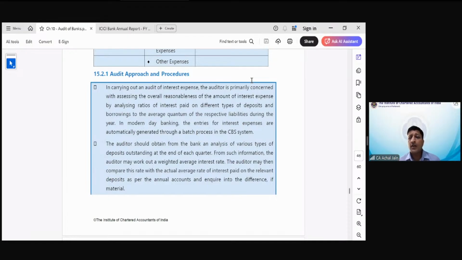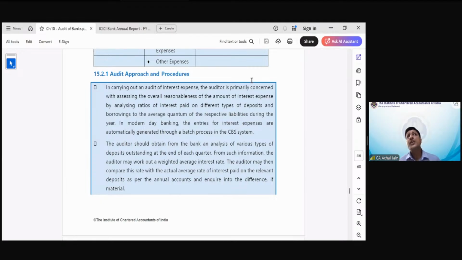Considering the quantum which is involved, considering the complexity which is involved. Because these days the volume is so high, and for a bank, for this type of expense, the volume is going to be quite significant.